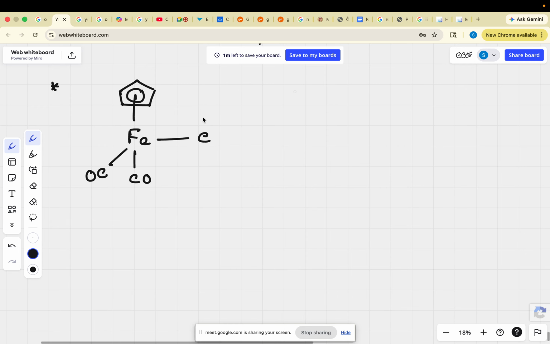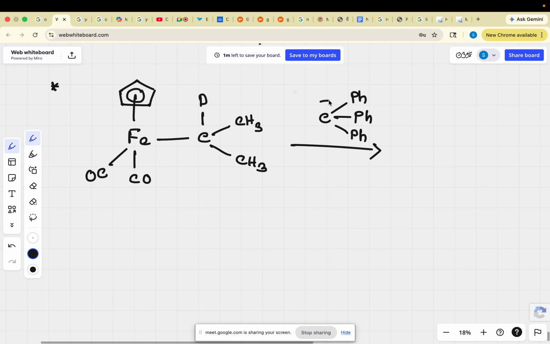This is attaching with one carbon center, and here you have deuterium and two methyl groups. Now here you have one carbocation, phenyl. This is your triphenyl carbocation. So now tell me what will happen.